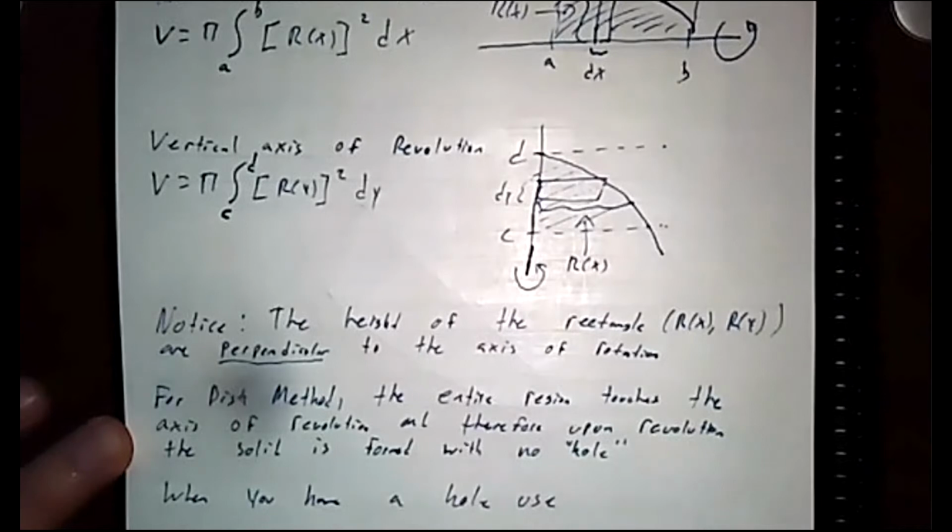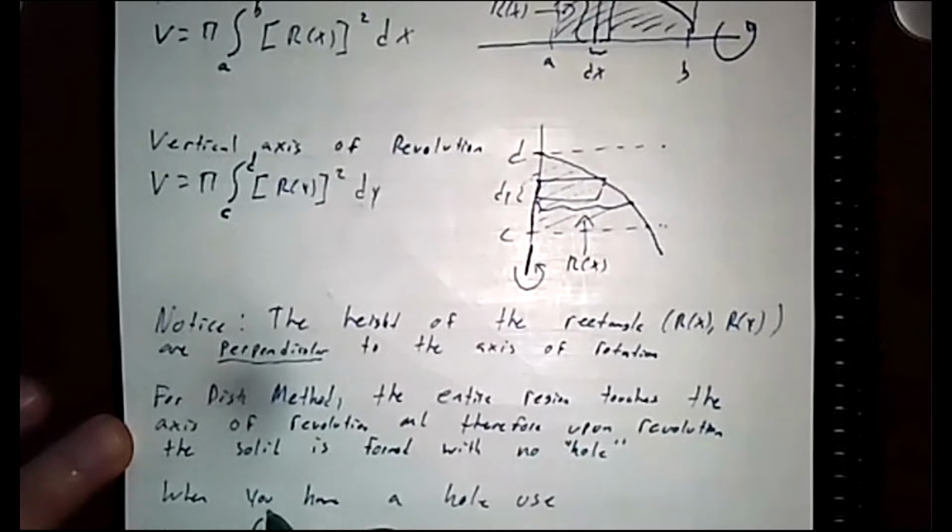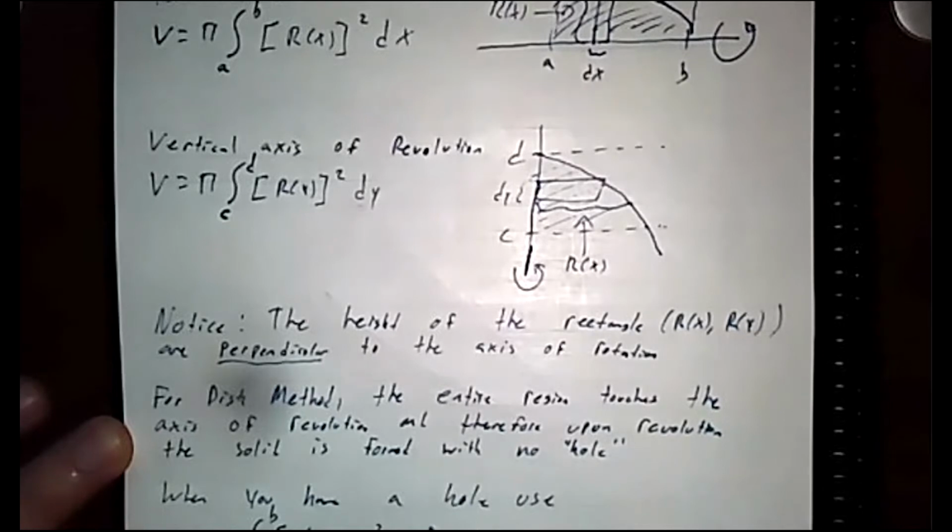Use pi times the integral from a to b of R of x squared minus little r of x squared dx.